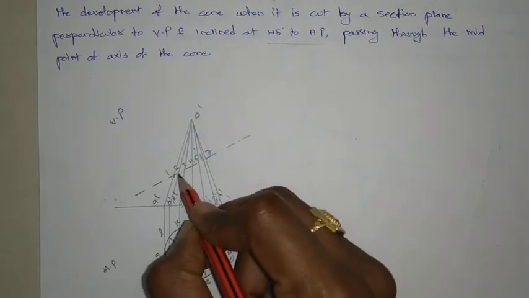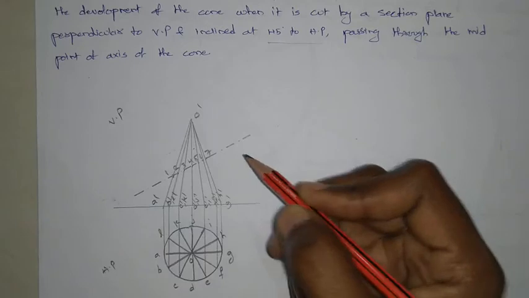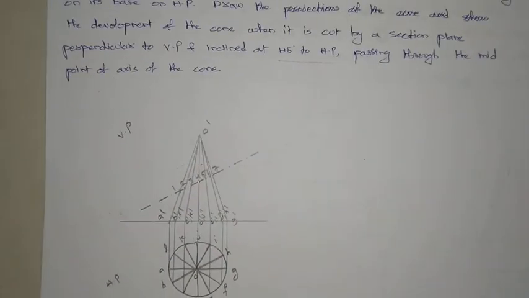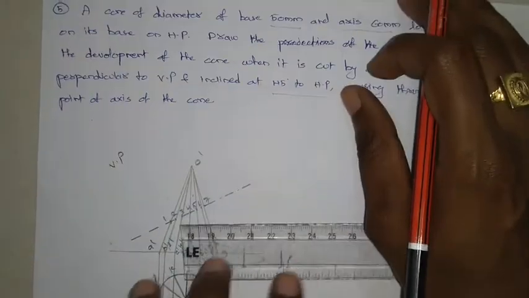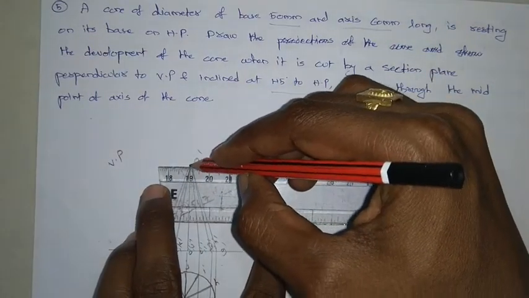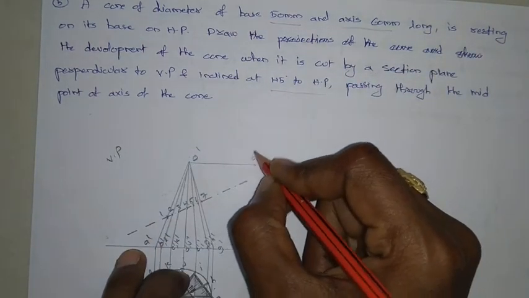So at 7 locations it is cutting. Now project this. And this point is O dash.